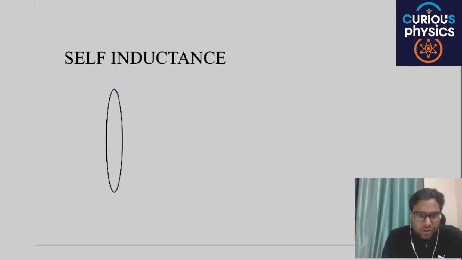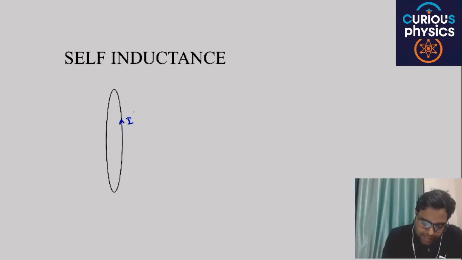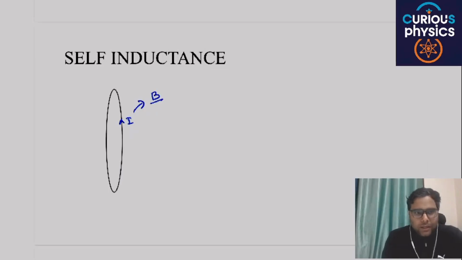Okay, if this is a coil, let's say current I is passing through this particular coil. This current I is responsible for the magnetic field inside the coil, meaning that there will be a magnetic flux.